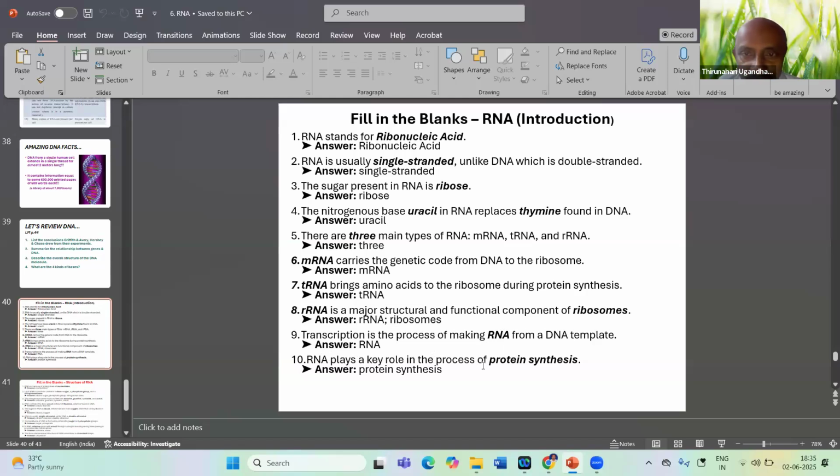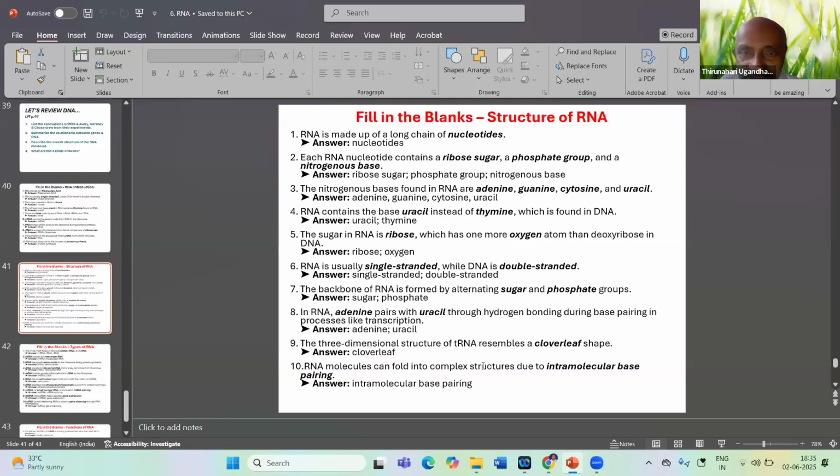That is the basic introduction to RNA. Now the structure of RNA. RNA is made up of a long chain of nucleotides. Each RNA nucleotide contains a ribose sugar, a phosphate group, and a nitrogenous base.